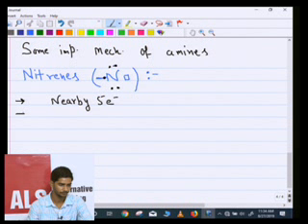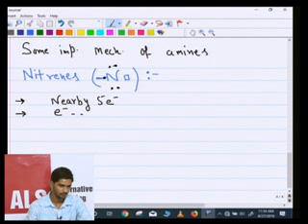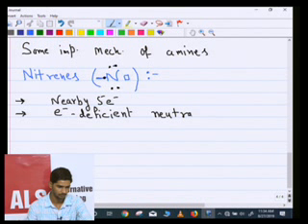Next, it is a neutral intermediate of nitrogen. So it is an electron deficient neutral nitrogen intermediate.